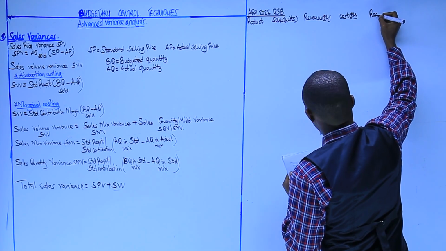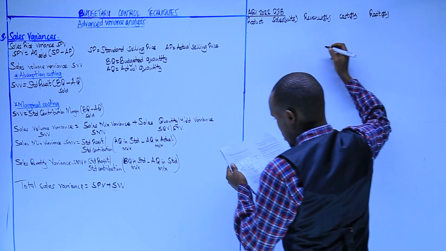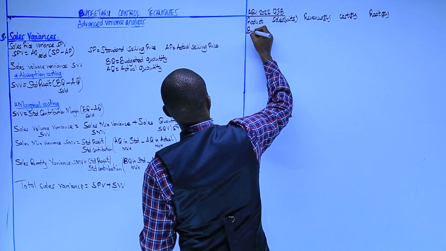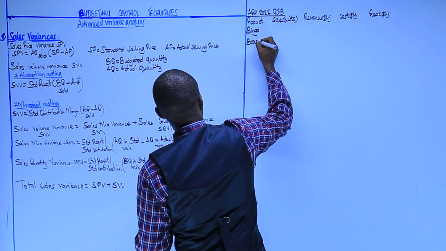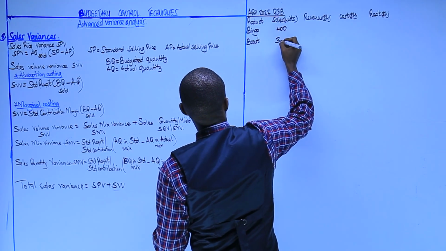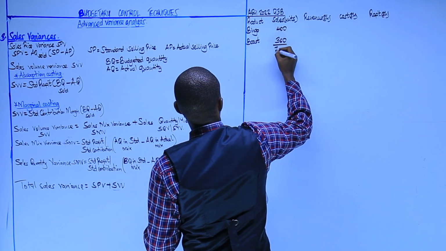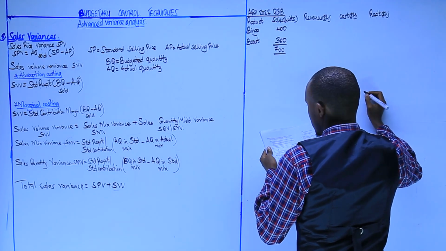You will have your profit in total in what? Shillings. You have two products, Bingo and who? Boost. How many units did you sell? 400 and 300. That means in total you sold 700. This is your budgeted.